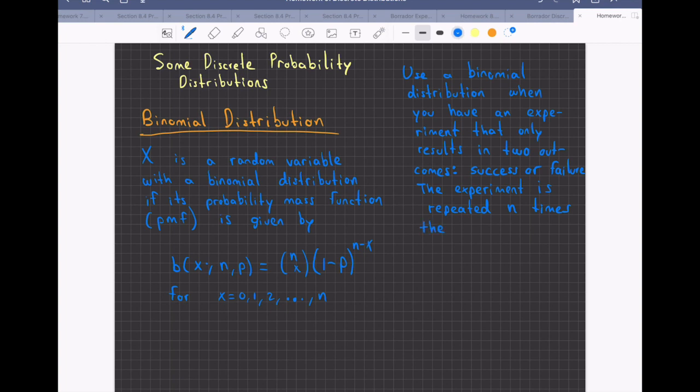The trials are independent. And the probability of success in only one trial is given by p.